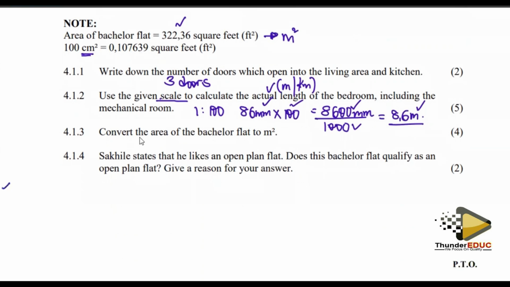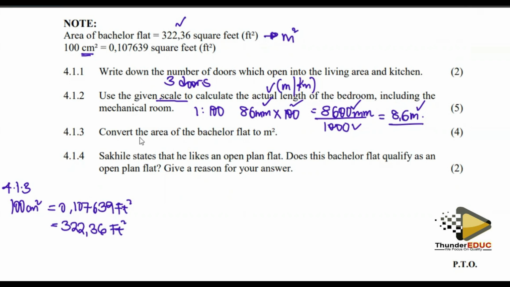This is question 4.1.3. It says, if I have 100 centimeters squared, I have 0.107639 square feet. Indeed, this time around, I have square feet that I need to change to meters. So I will need to bring the square feet. I'll put them on the side of the feet.